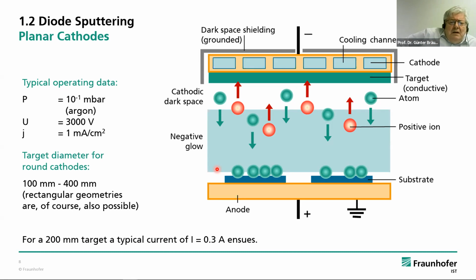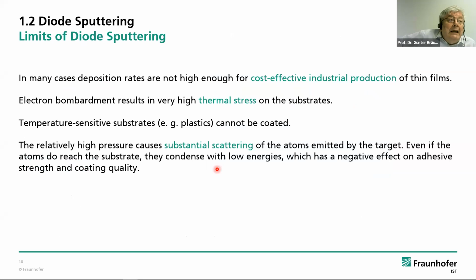So we can say that diode sputtering is a process with a very low productivity. But that's how it all started after evaporation, and diode sputtering was very common until, let's say, the mid 70s of the last century.